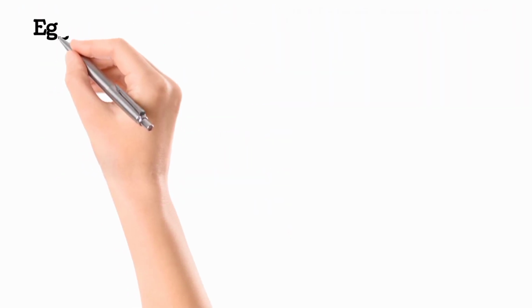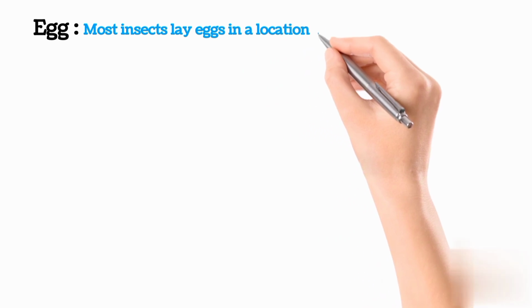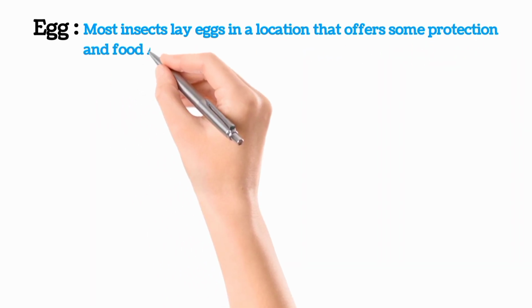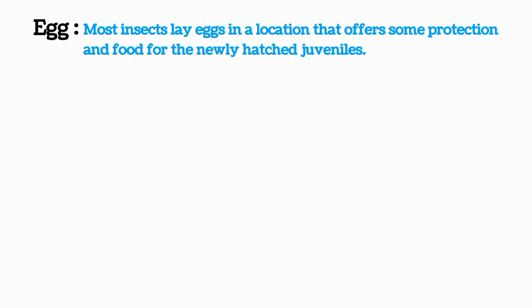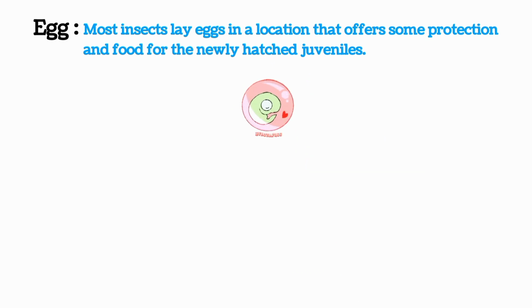The very first one is egg. Most insects lay eggs in a location that offers some protection and food for the newly hatched juvenile, because juveniles are sensitive and unable to search for food or protect themselves. So parents select a protective and food-rich place for them.